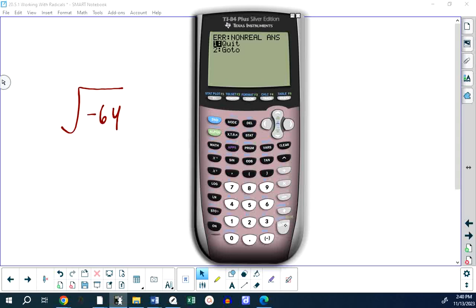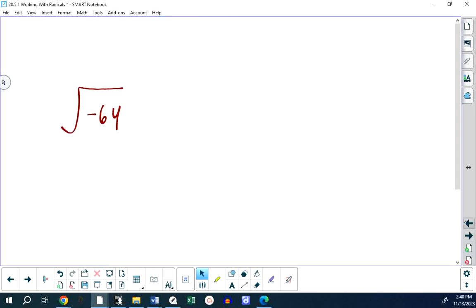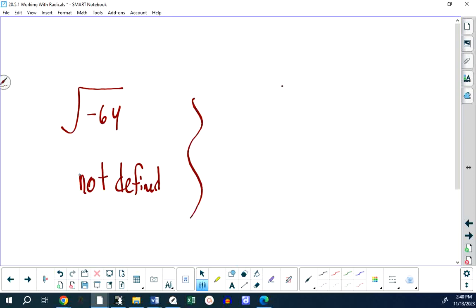But if I were to say to you, what is the cube root? So this is not defined. If I said, what is the cube root of negative 64? It's going to be equal to negative 4. Because negative 4 cubed will give you negative 64.